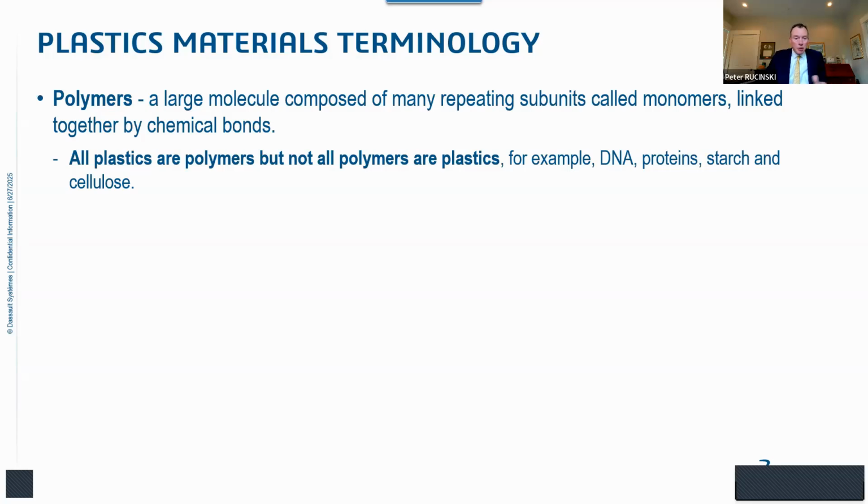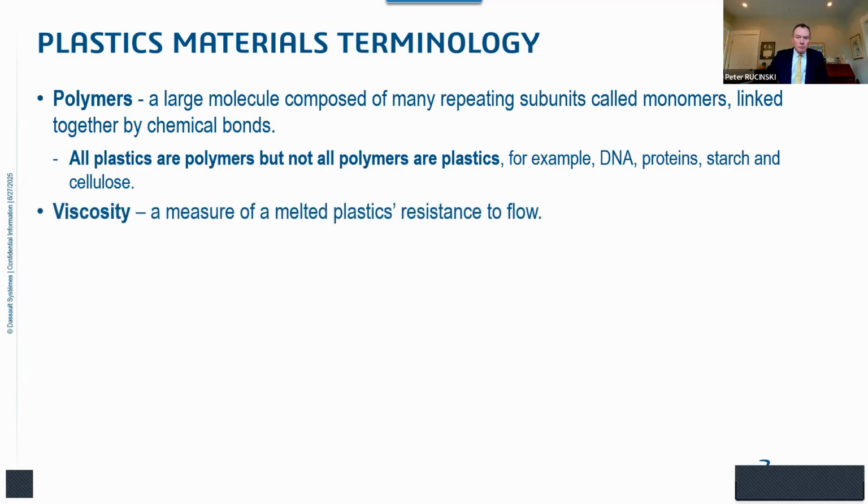You don't even have to know what a polymer is, but you see in bold here that all the plastics that we ever talk about, they are all polymer materials, but not all polymers are plastics. So for example, you can have DNA, proteins, starch, cellulose. These are all polymers, they're not plastics. So what you'll find, a lot of us in the plastics industry, we use the words plastics and polymers interchangeably. So I hope that helps avoid any confusion.